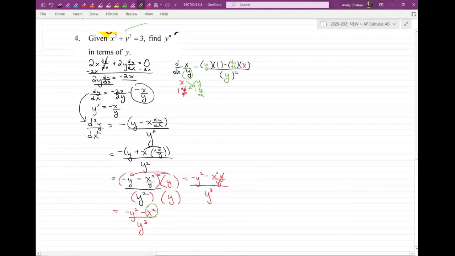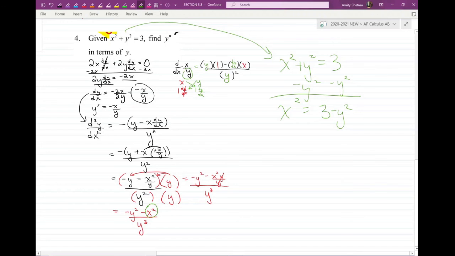But specifically because you can take this x squared plus y squared equals 3 and then subtract y squared from both sides, that's actually a pretty simple process. x squared can be defined as being 3 minus y squared. So in our problem then, they could give you an answer that looks like this: negative y squared minus 3 minus y squared all over y cubed.